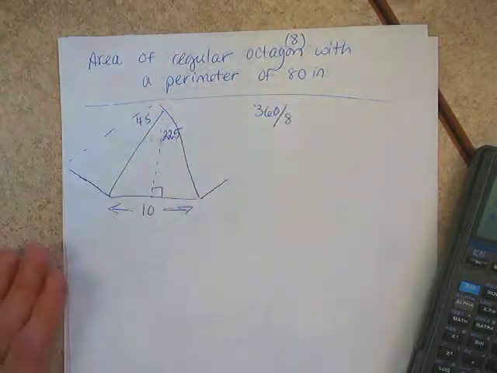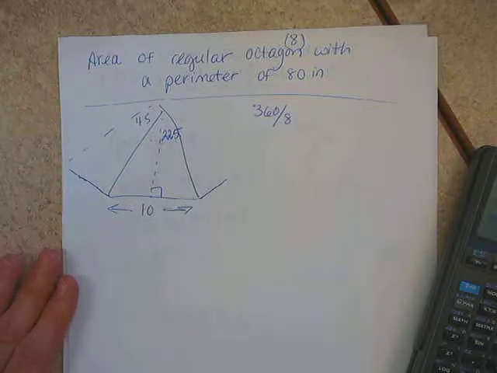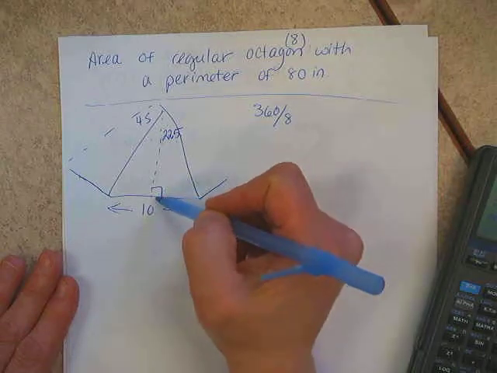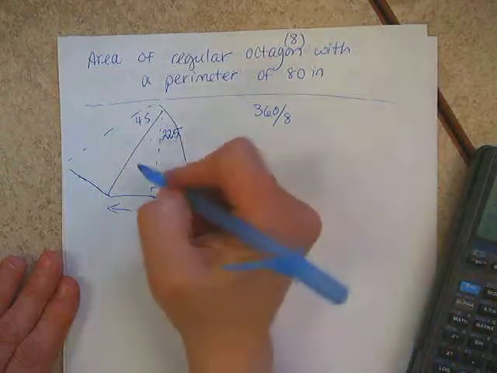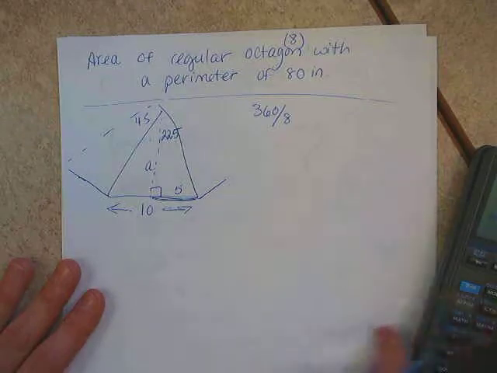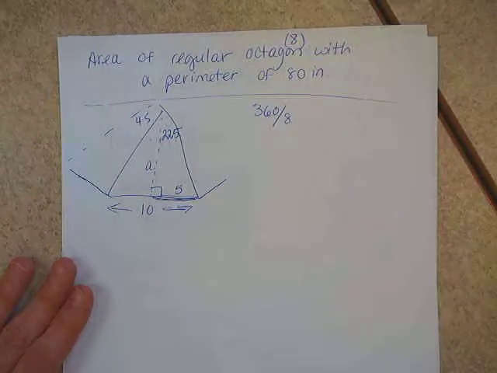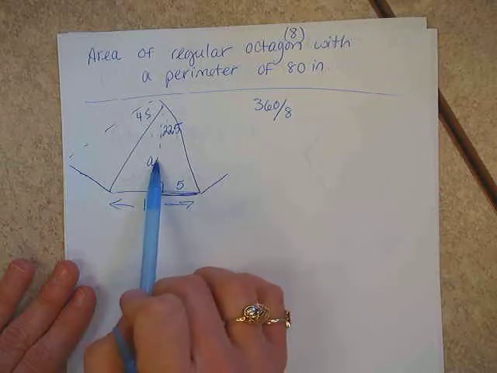So if we drew in another one, the big angle is 45. So the smaller ones, you'd have to divide that in half, which would be 22.5. And what is this piece right here? That would be 5. And we're looking for the apothem.